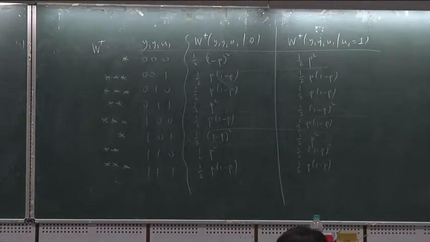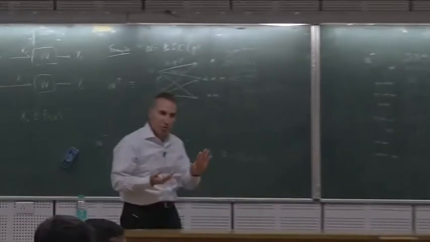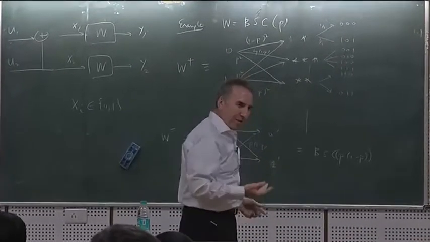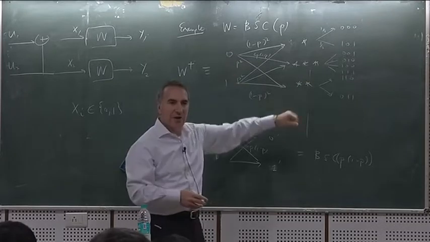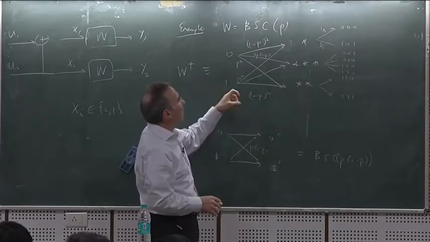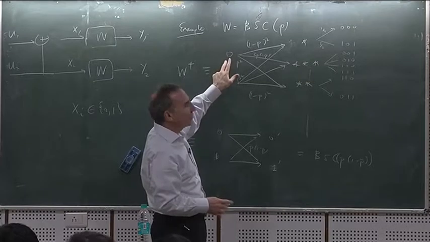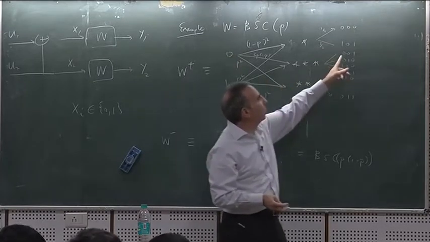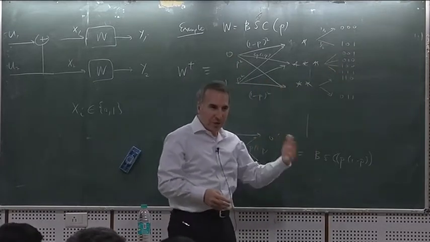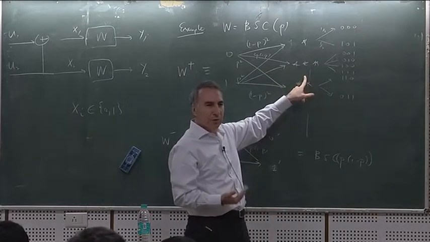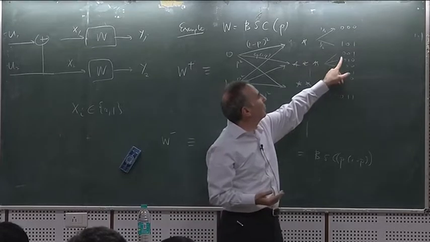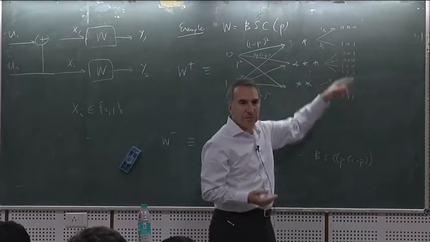Are we okay with this? I think not. Are you sure? Let's go through this once more. So take a look at this diagram here, and let me ask you, what is the chance that, given that I send a 0, I'm going to receive a 0, 0, 1? The only way to receive a 0, 0, 1 through this is to first get a triple star, and then with quarter probability take this particular branch here.